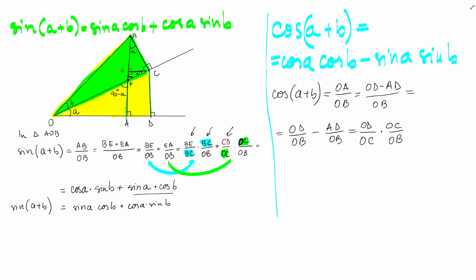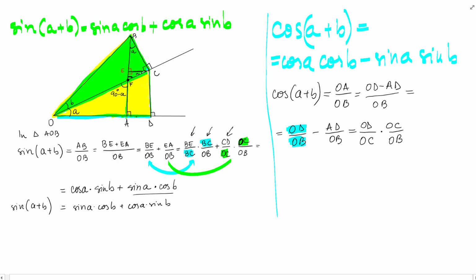So where are they coming from? Well, instead of OD over OB, we use OD over OC because we want to have a right triangle, and we want to have legs and hypotenuse. And OD over OC, we are going to use the right triangle ODC.